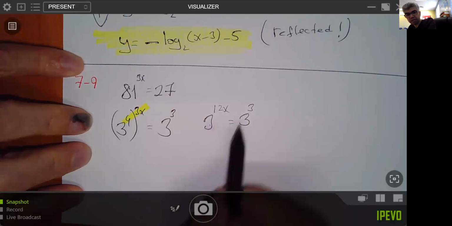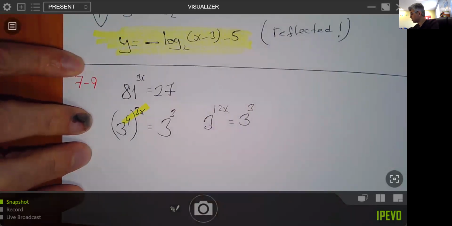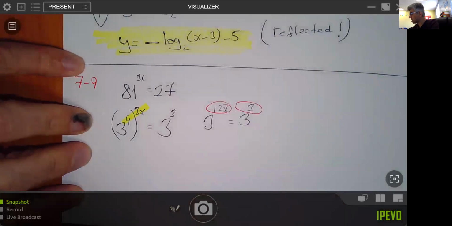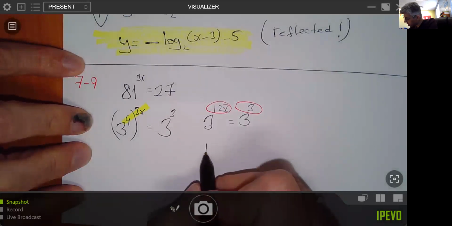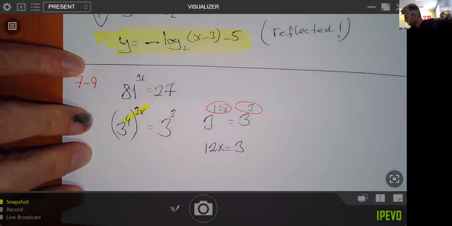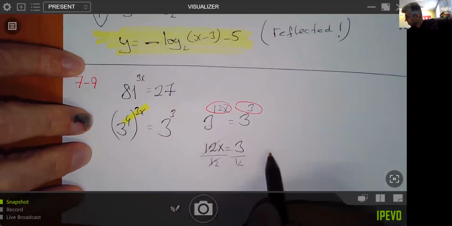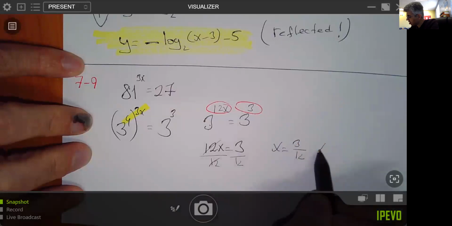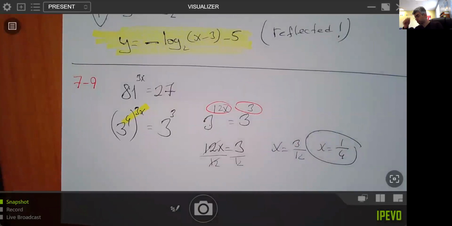If the bases are equal on both sides, the exponents must be equal to each other. 12x is equal to 3. To find x, I have to divide both sides by 12. These are cancelled, and x is 3/12. If we simplify it, x is 1/4.